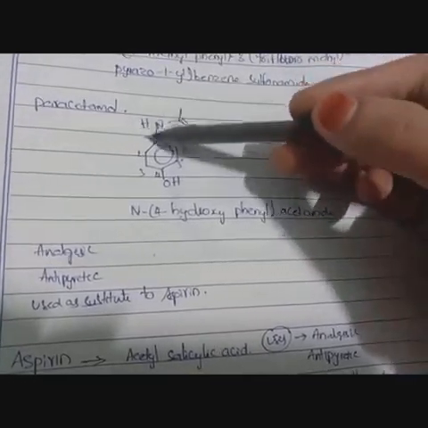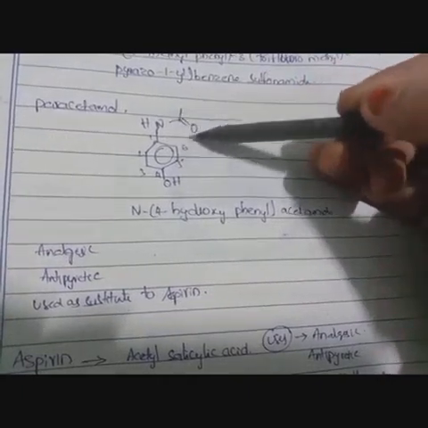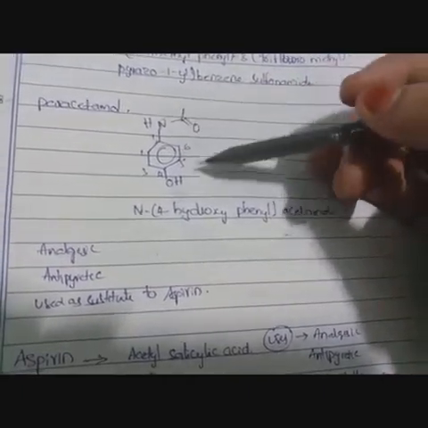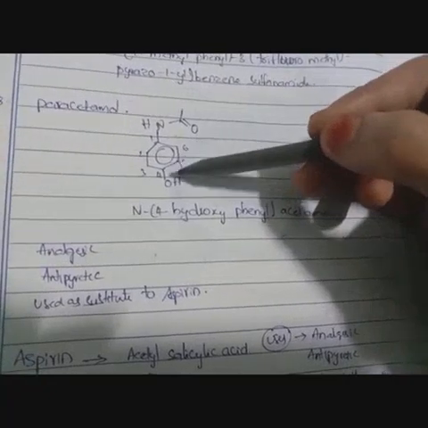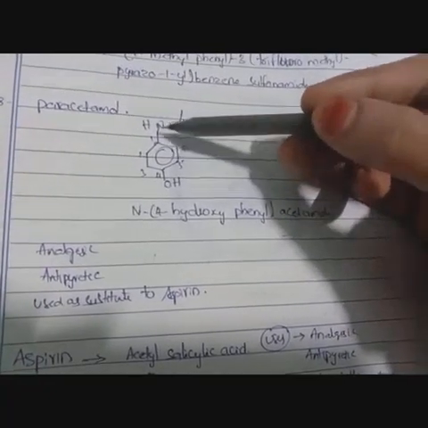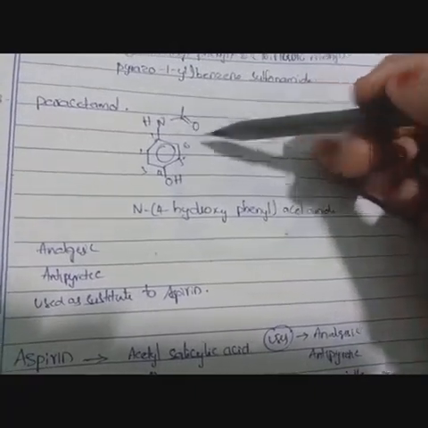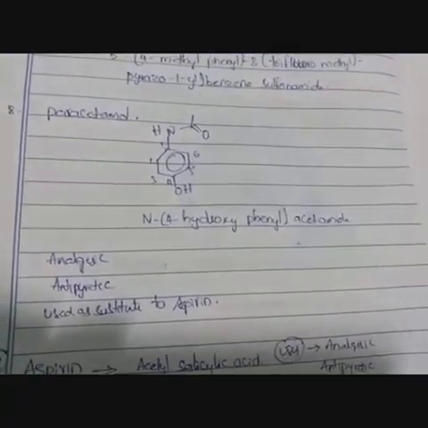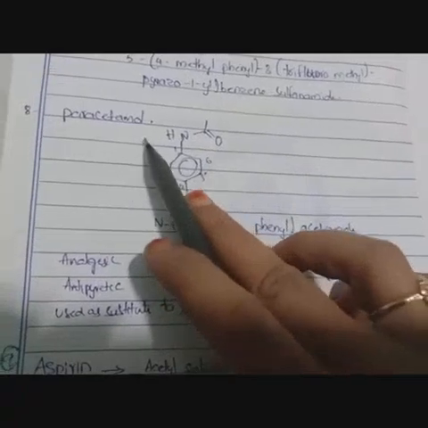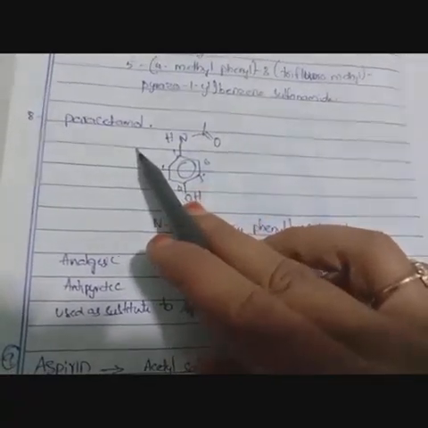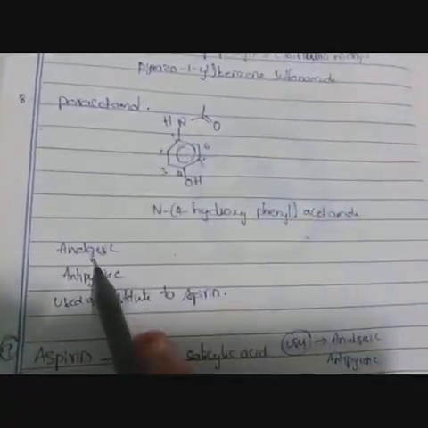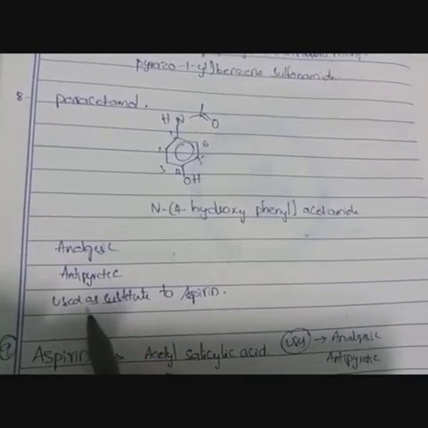So we are calling it as acetamide. Acetyl group is there, and amide group is there. So benzene ring with OH at the para position, and acetamide group is at the another para position, right? So this is nothing but the paracetamol. Coming to the paracetamol, everyone knows this is used as antipyretic and analgesic. It is used as a substitute for the aspirin.